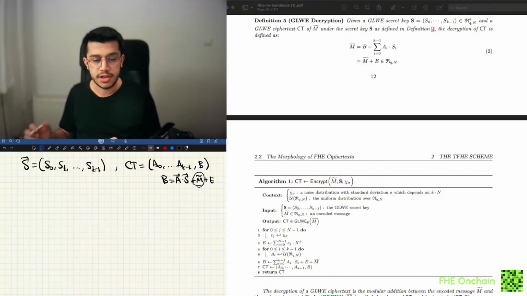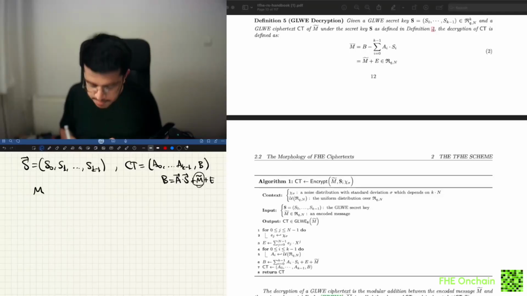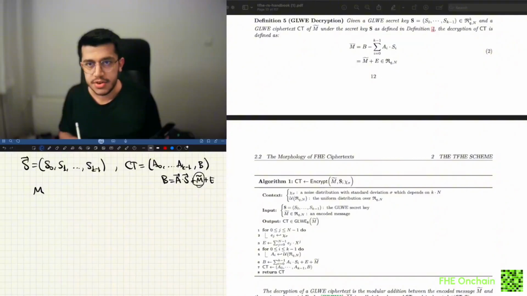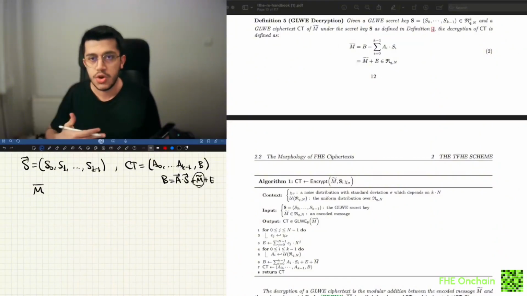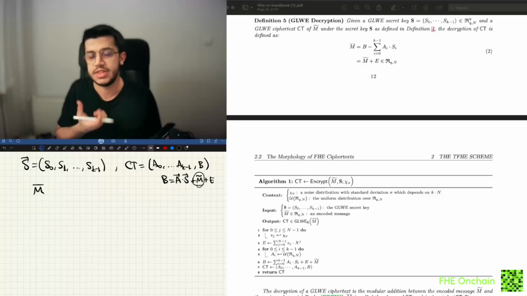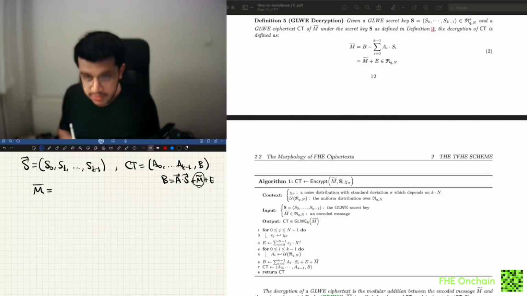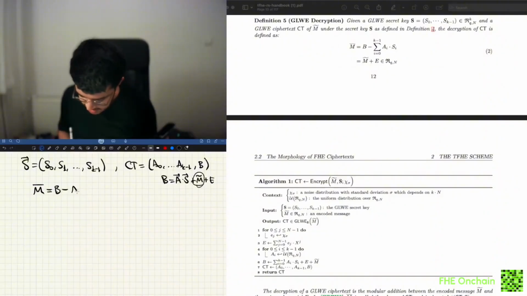Obviously, we're reverse engineering the encryption process, and M, maybe not tilde, but M bar here. So M bar, the encoded message with noise, should be equal to B minus A dot S, right?